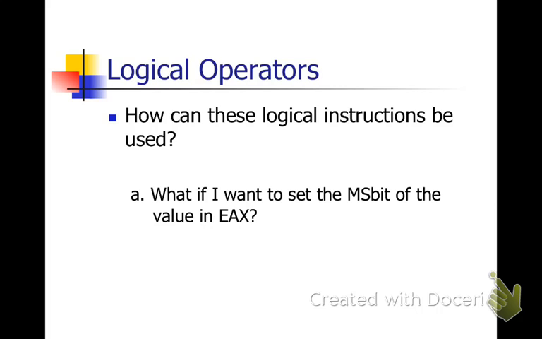Now let's look at how we can use these instructions. Well, first thing is, what if I want to set the most significant bit of the value? The word set is our hint. When I want to set bits, I'm going to use OR. And here it says I'm manipulating EAX. So EAX is my destination. The only thing I've got to figure out is, what is my source operand going to be? Well, I want to set the most significant bit of the value in EAX. Since OR sets bits, I only want to set 1, so I only need the most significant bit.